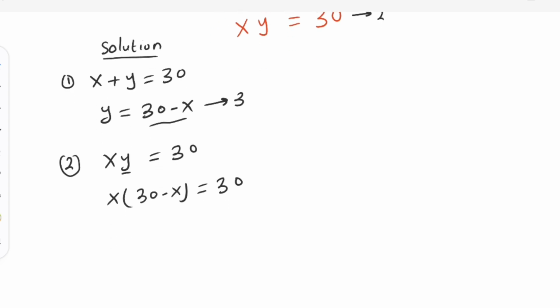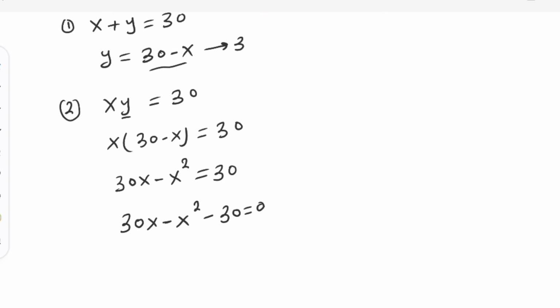Let's open the bracket. x multiplied by 30, 30x, minus x multiplied by x, x squared, is equal to 30. We have 30x minus x squared minus 30 is equal to 0.